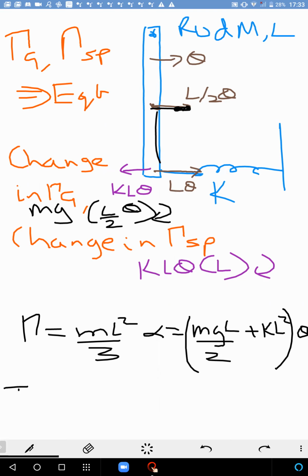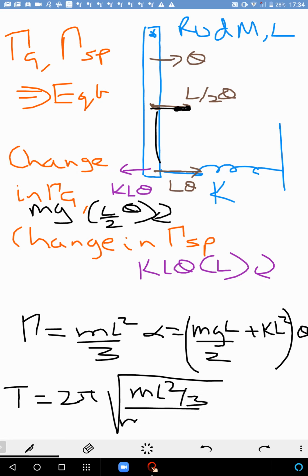So time period is 2 pi by omega, that is, 2 pi times root of ml square by 3 divided by mgl/2 plus k l square. Of course you can see.